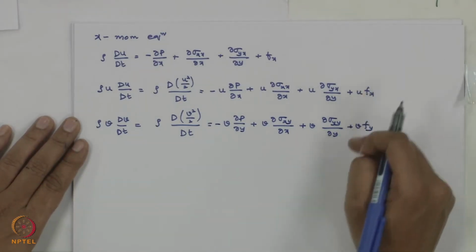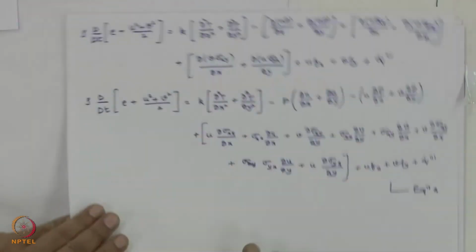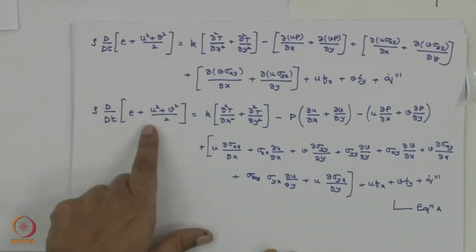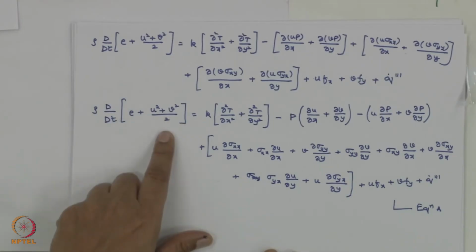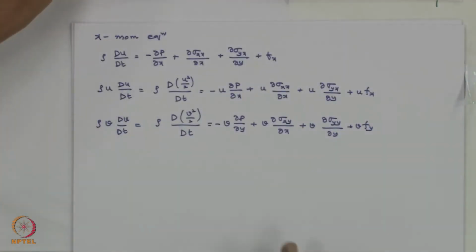Let me add these two equations. What am I trying to do? If you recollect, I have this d by dt of u squared plus v squared by 2 term. I just want to deduct that. That I want to do through the momentum equation.